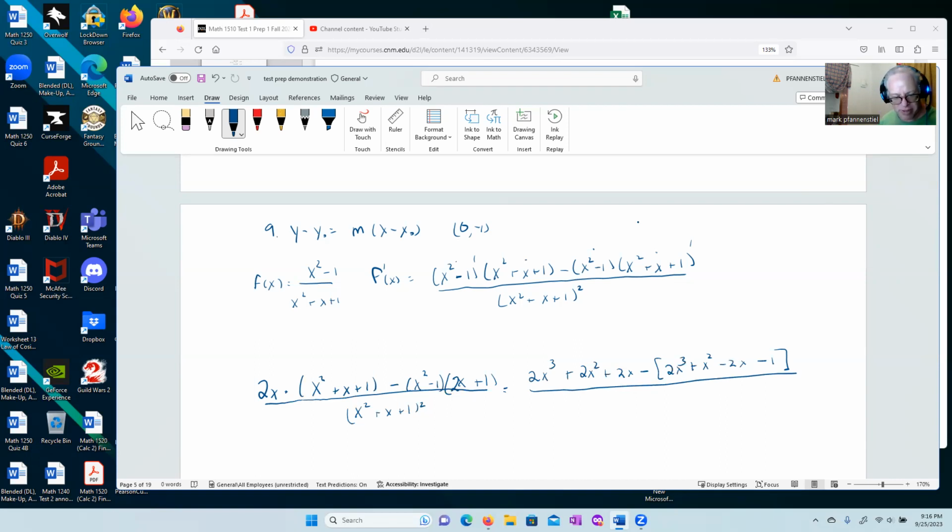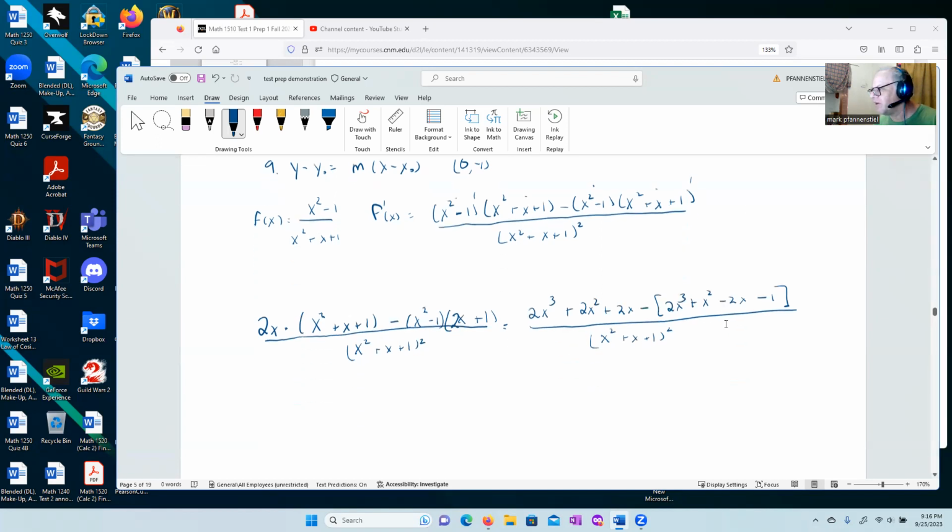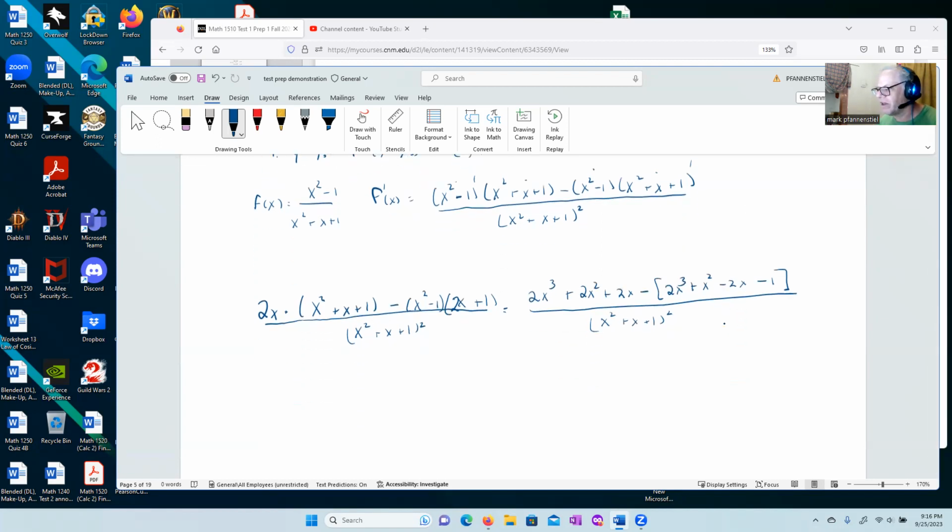Okay, I'm going to double check to make sure I got that right. So of course I did this before I showed you guys. So we end up with (x squared plus x plus 1) all squared. All right, so let's go ahead and distribute that negative sign. So we're going to have 2x cubed, plus 2x squared plus 2x.